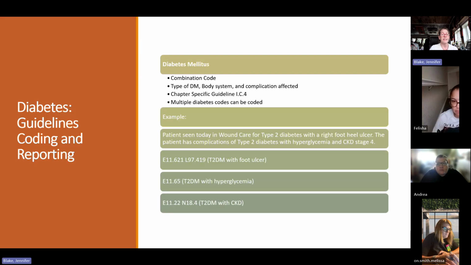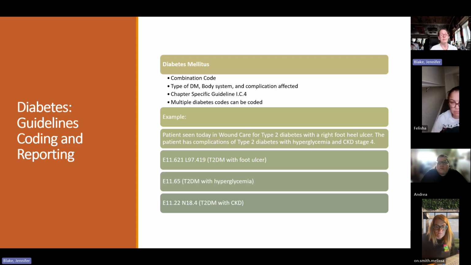Back to your diabetes, because again, you're going to see that a lot. A lot of them are combination codes. It talks about what type 1 or 2, what body system is affected, what kind of complications. So you're going to see a lot of things with diabetes. For instance, in this example, we have a patient that came into the wound care clinic, had type 2 diabetes with a right heel ulcer.